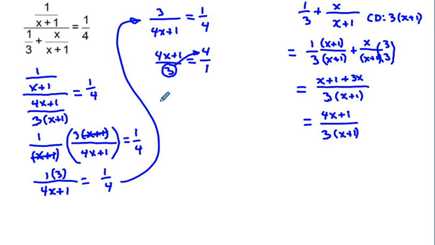And so what we have is 4x plus 1 over 1 is equal to 3 times 4, or 12 over 1.